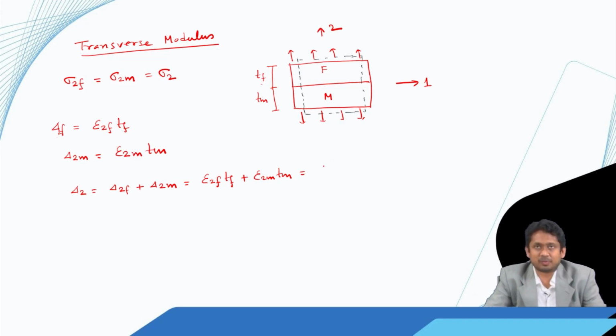Now, like we defined an equivalent stress in the previous case, we would define something called equivalent strain in this case. That means, an averaged out strain epsilon 2 averaged over the fiber and matrix. If that is supposed to work over the fiber matrix combined region, then the total elongation due to that can be written as epsilon 2 multiplied by T f plus T m.